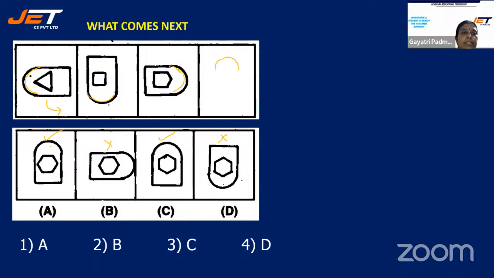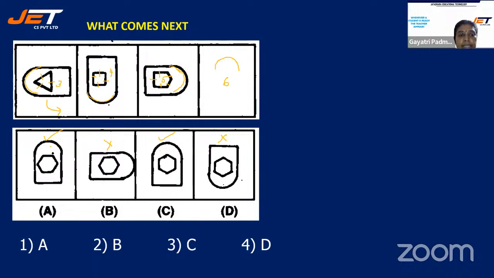All right. Now let's see the inner figure. Here you have triangle, which means you have 3 sides. And here you have a square which has 4 sides. And here you have a figure which says 3, 4, 5 sides. So the next one must be 6 sides. Okay. So let's check with B. Let's check with A. Okay.